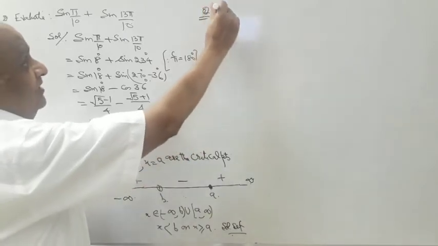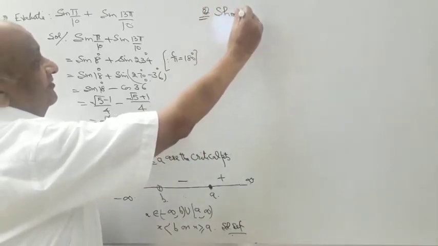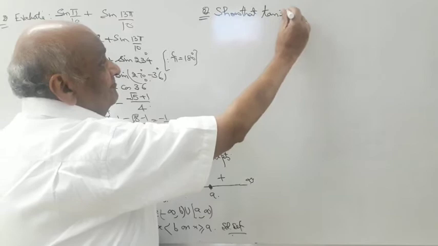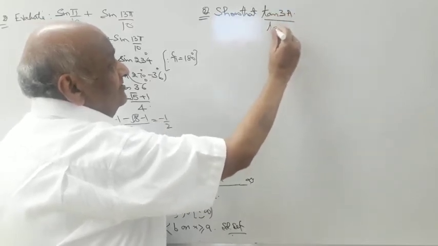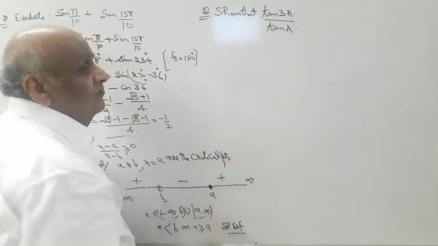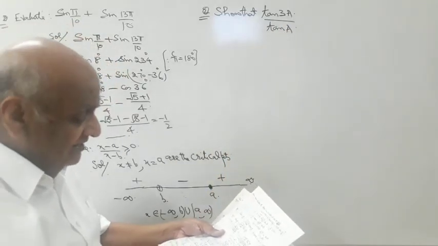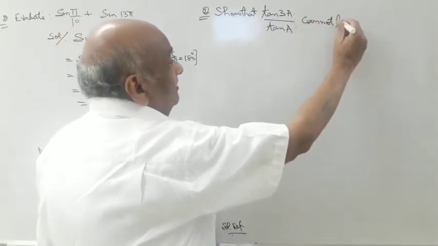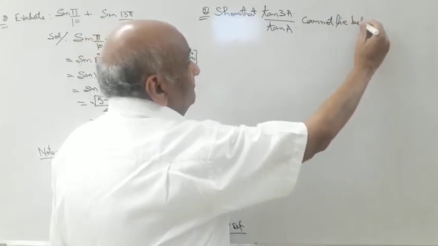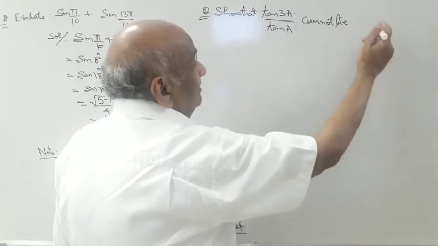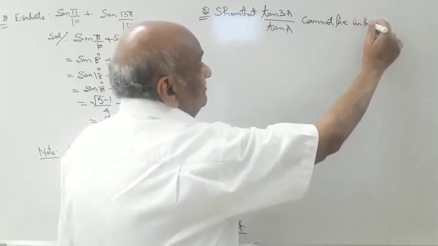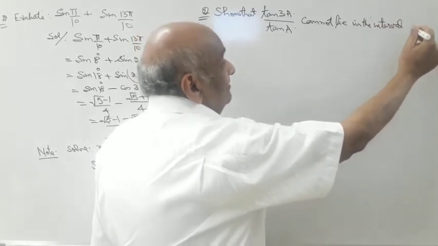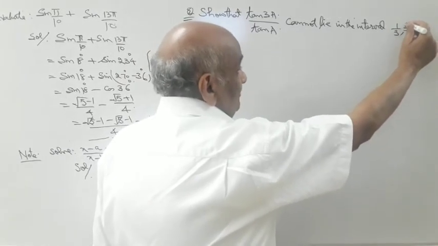He says, show that tan 3a upon tan a cannot lie in the interval 1/3 to 3 closed.